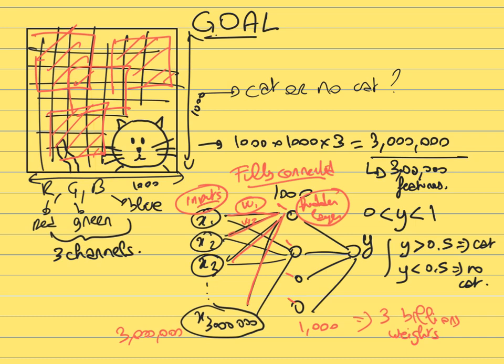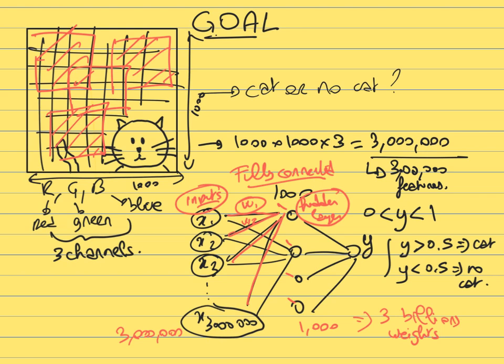Clearly that's not a good strategy, because you will need to use the same weights for several collections of pixels, and keep doing the same operation over and over to detect whether there is a cat located here or here.